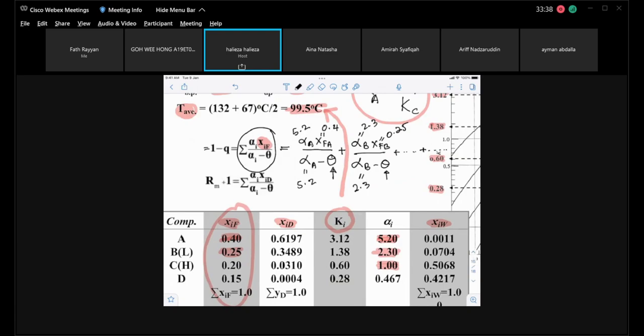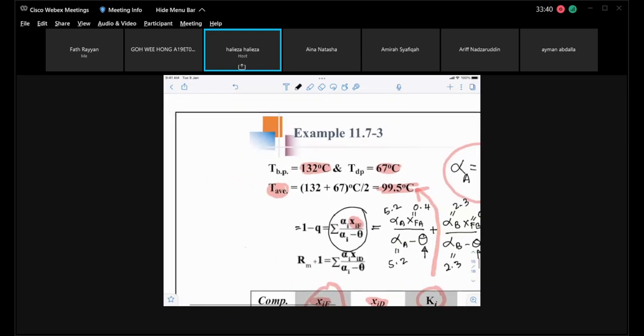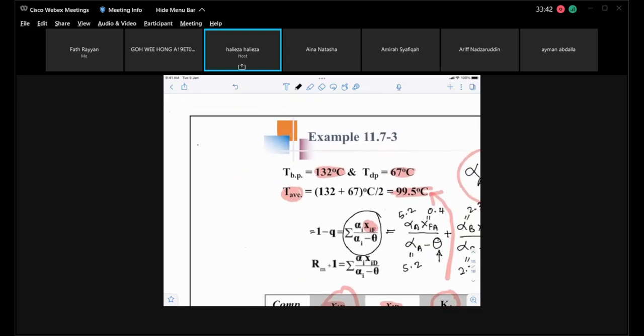And what is Q? Q is based on the feed condition. Your feed is initially a saturated liquid at its boiling point. So if you recall, Q is equal to 1 when it is at the boiling point.